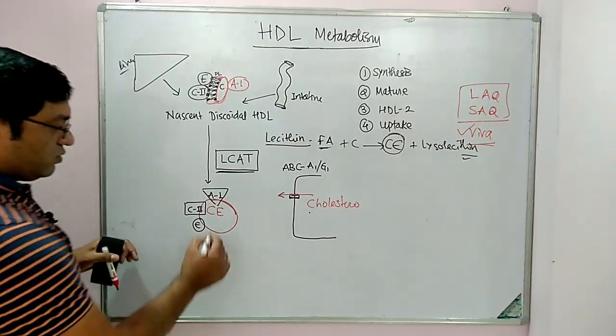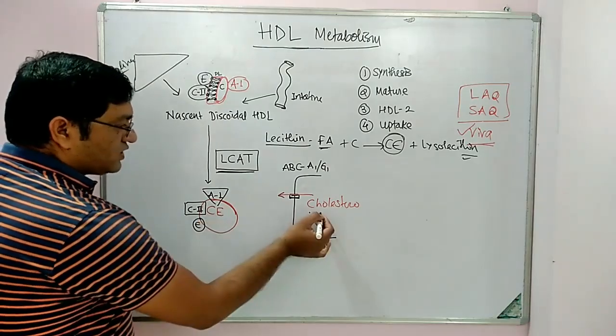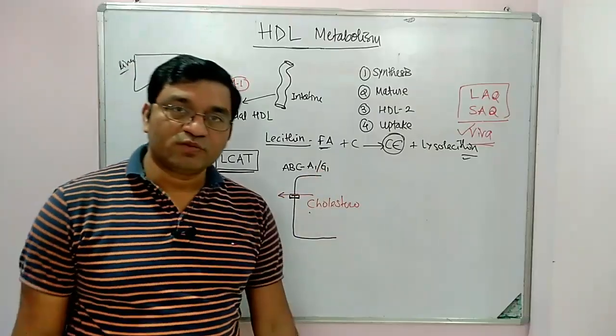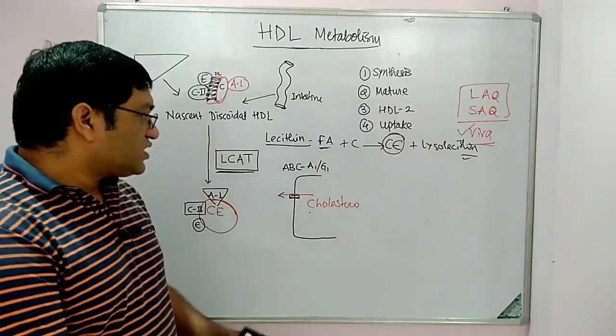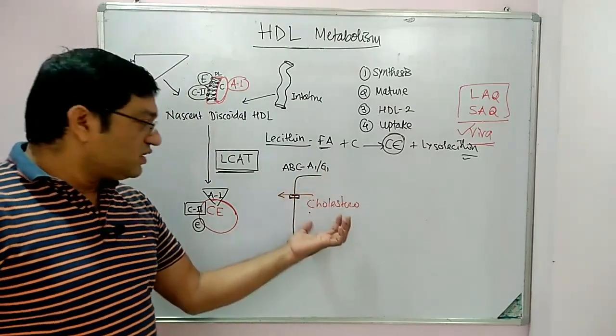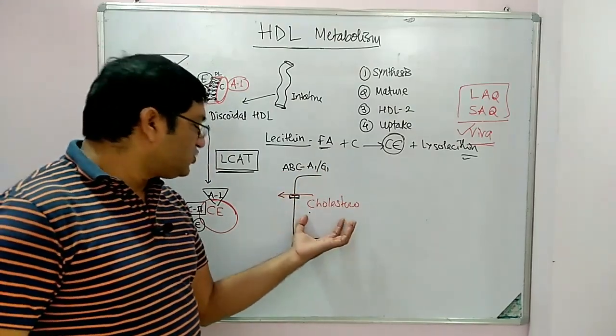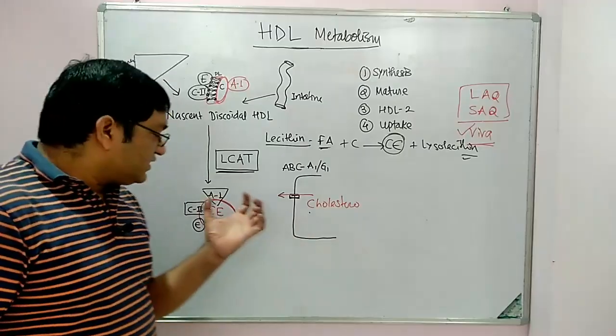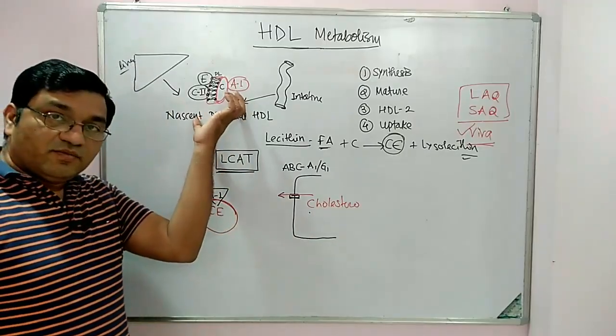So by taking this cholesterol from the peripheral tissues with the help of ABC transporter proteins, the cholesterol attaches to the disc of this HDL.